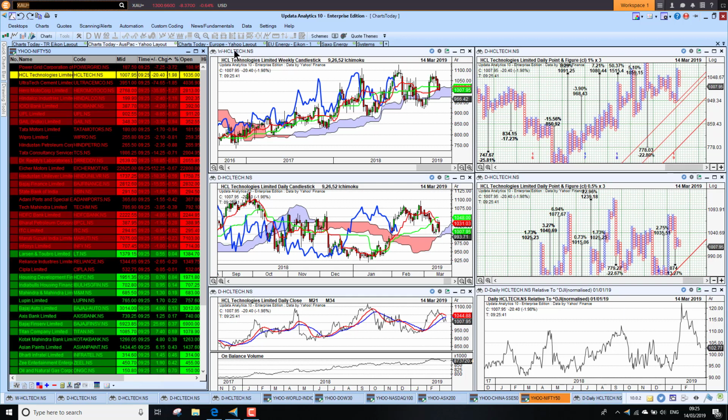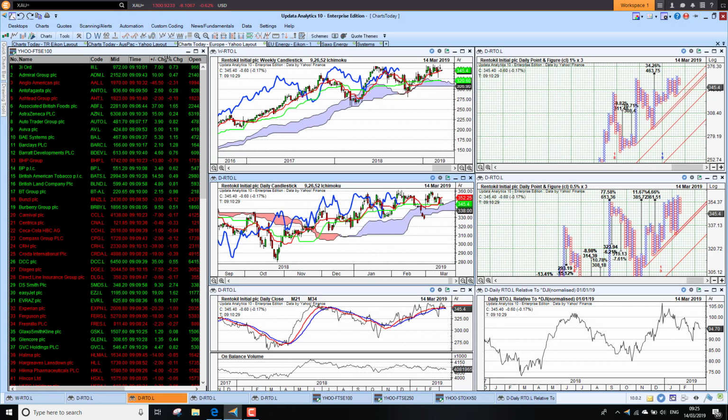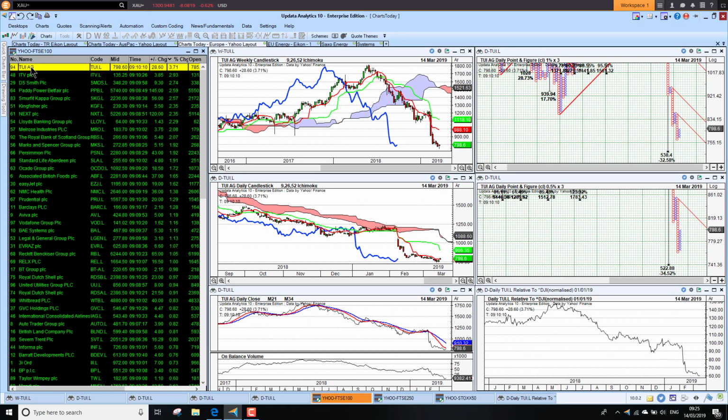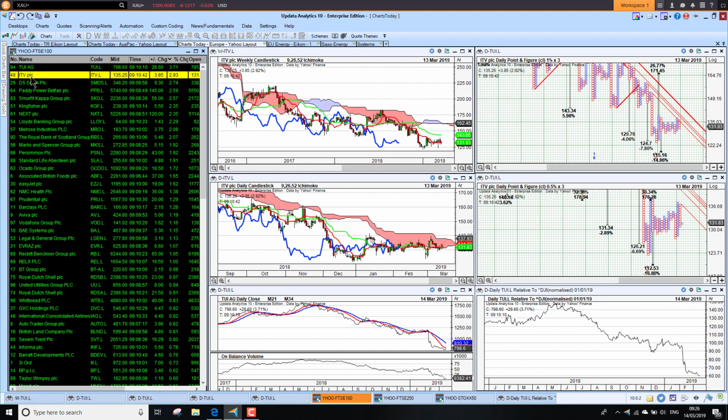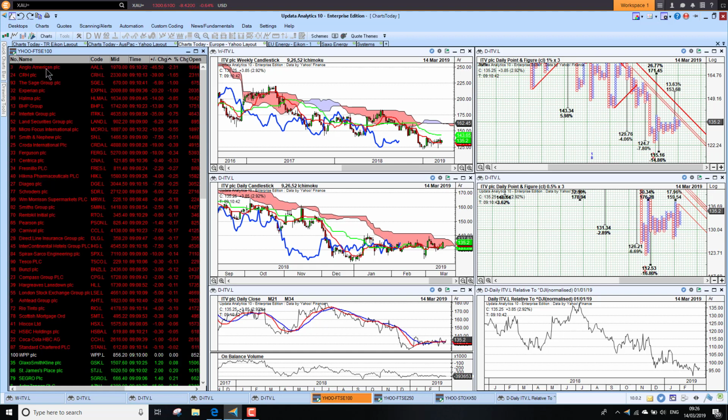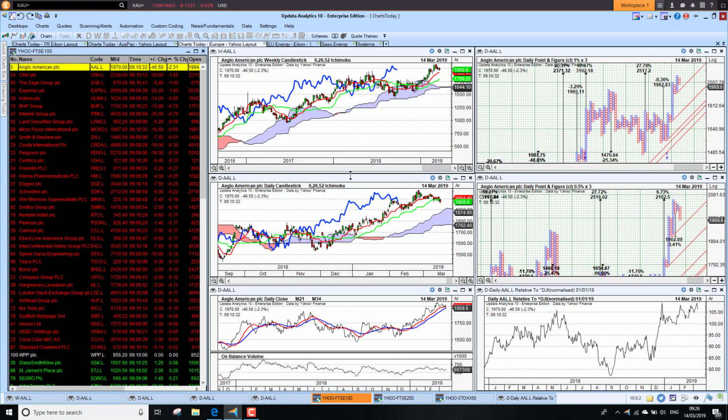Taking a look at Europe now, we start with the FTSE 100 index. All I do here is just rank for the best performers. TUI up 3.7%, not enough to change the chart at all, and we see here 40% underperformance already this year against the Dow Jones index. So a really not great performance. ITV also still looking pretty bearish, but we're up 2.9% this morning. Looking on the downside, we've got Anglo American down 2.3% here.